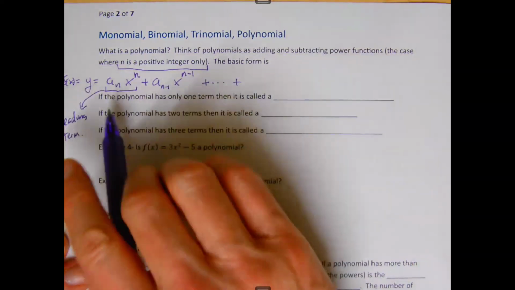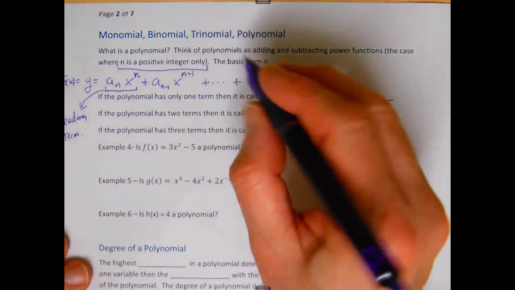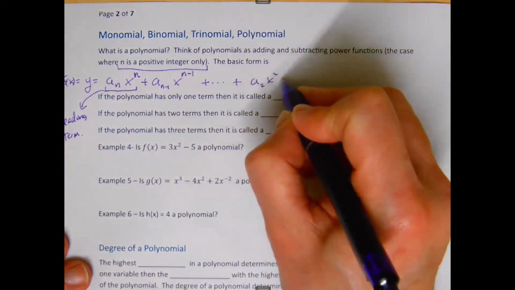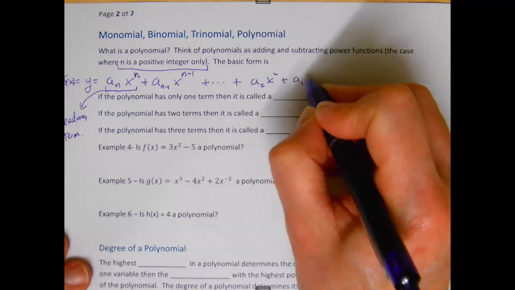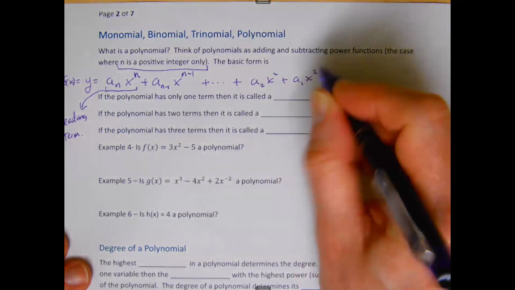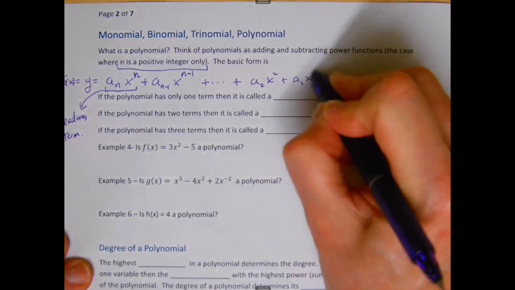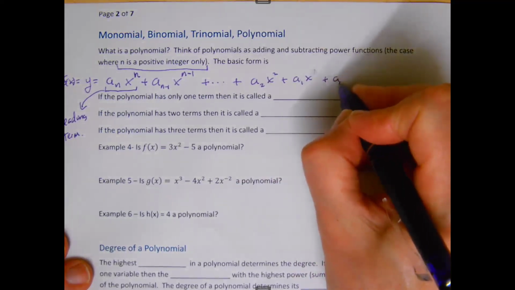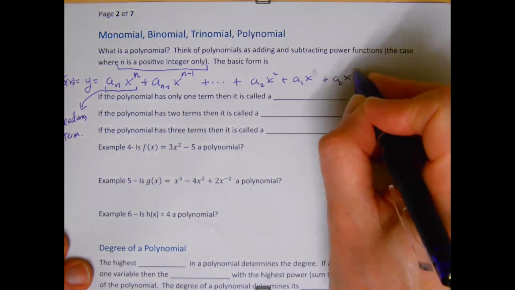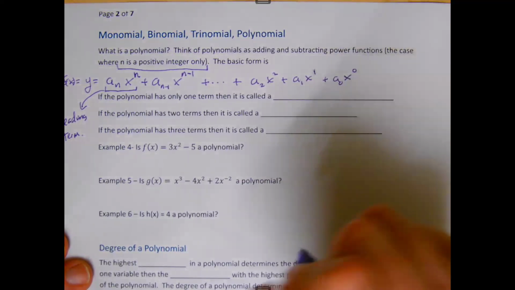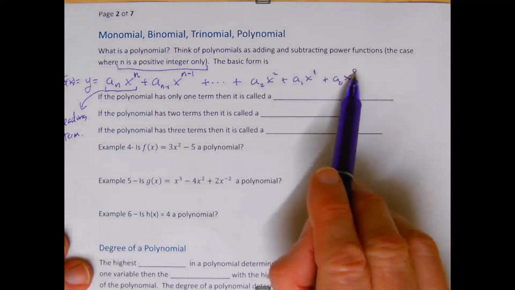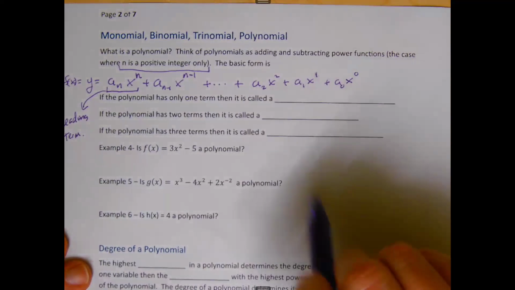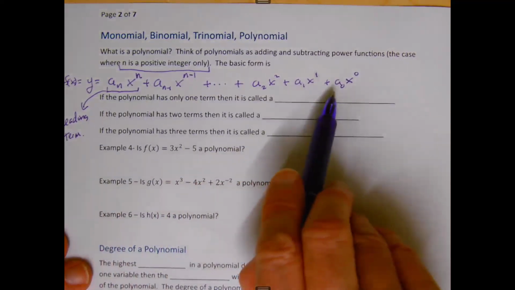But if I were to write from the highest to the lowest without skipping anything, then eventually you get to a quadratic equation, then a linear equation, and finally a constant. So x to the 0th power just means 1, and you have this constant. So this is the basic look of a polynomial.